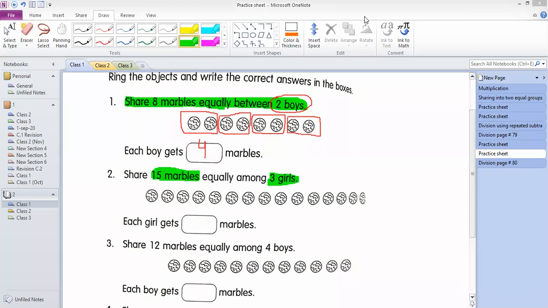Hello, Muhammad Momin. Yes, Muhammad, please tell me how to distribute 15 marbles equally among 3 girls. And each girl will get how many marbles? 5. Okay, how do you know?